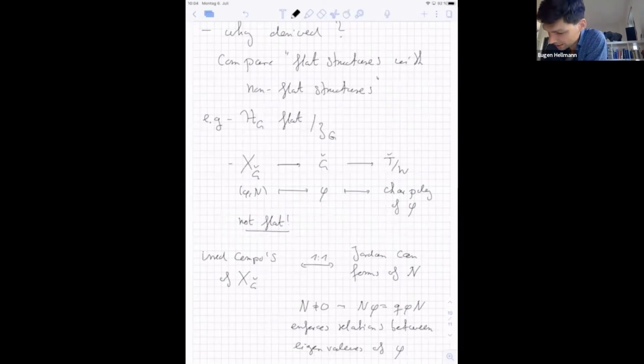Okay, and so this means if here you are on an irreducible component corresponding to N not being equal to 0, you can't sit over all of this adjoint quotient because, well, you must satisfy some equations. So this map, in fact, kind of contracts certain irreducible components of this guy to something which is properly contained in here. Okay, so hence this map can't be flat.